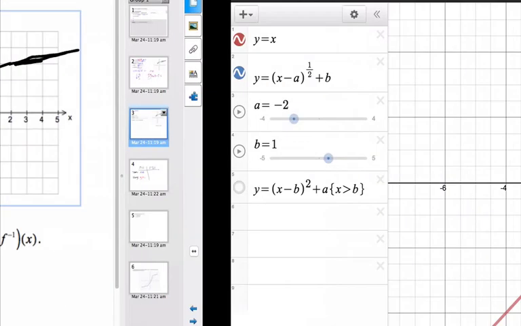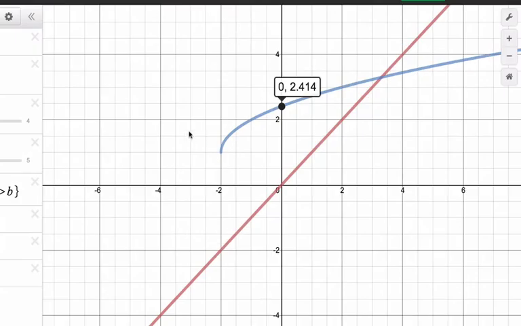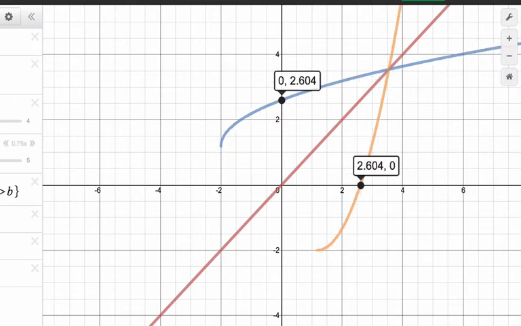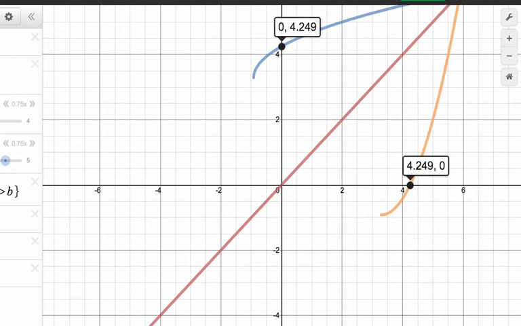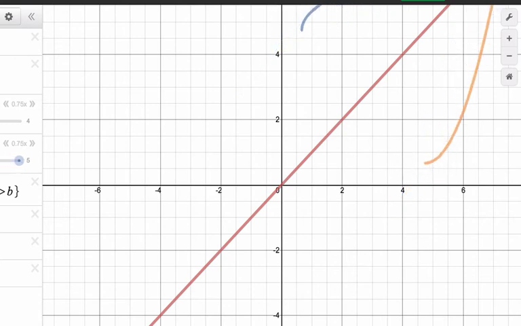Let's consider the graphs here. I have our function, the one that we were given. And I'm going to add onto it the inverse. There is the inverse of it, the orange or yellow one. You'll see that it only has part of the graph showing, because I only want part of it to show. And as I change different a's and b's, hopefully you'll notice something.